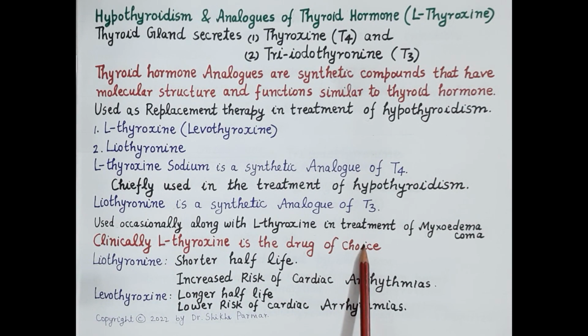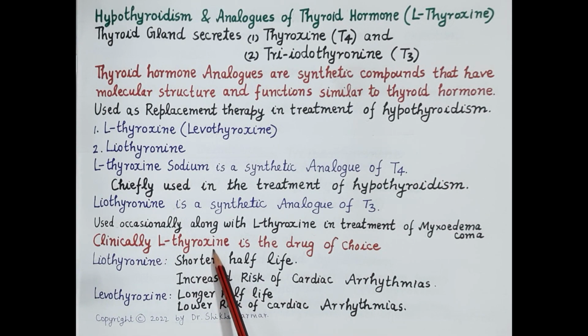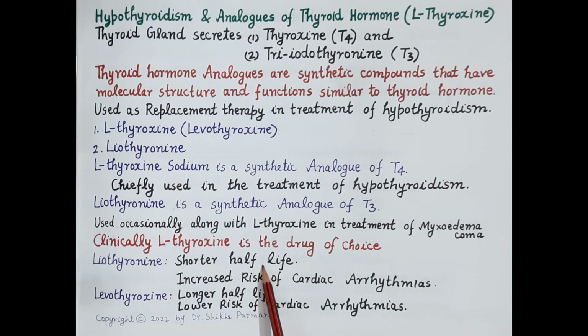Now, let's understand why L-Thyroxine is preferred over L-Threonine. L-Threonine has a shorter half-life and it requires repeated doses and thus its response is less predictable. While levothyroxine has a longer half-life and therefore it is administered once daily and it shows sustained and uniform action.